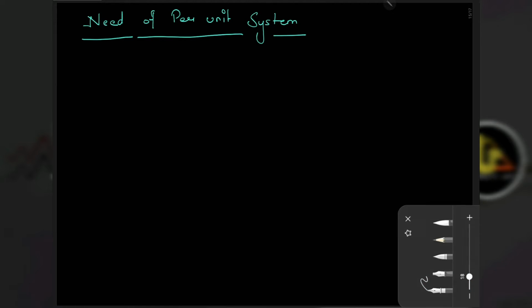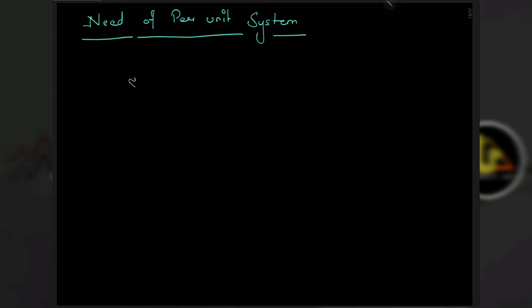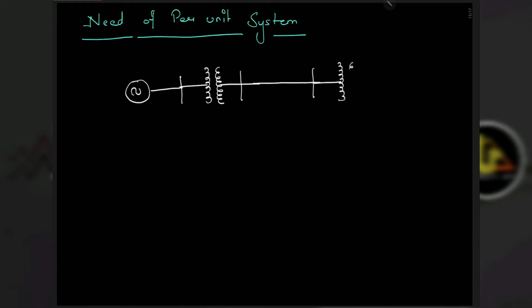Now let us assume a small network which consists of a generator which is connected to a step up transformer. This is the transmission line and this is the step down transformer.